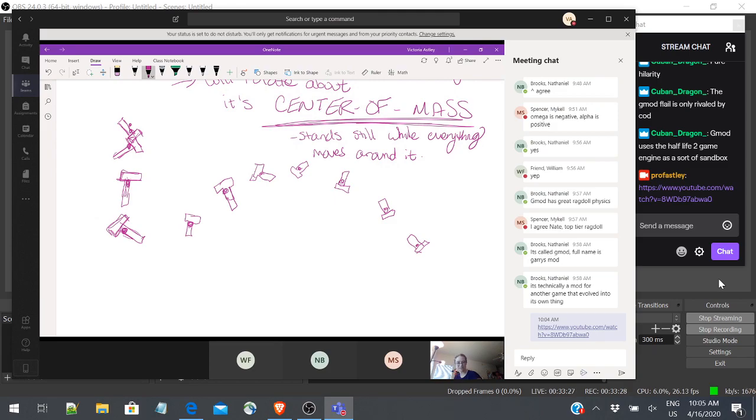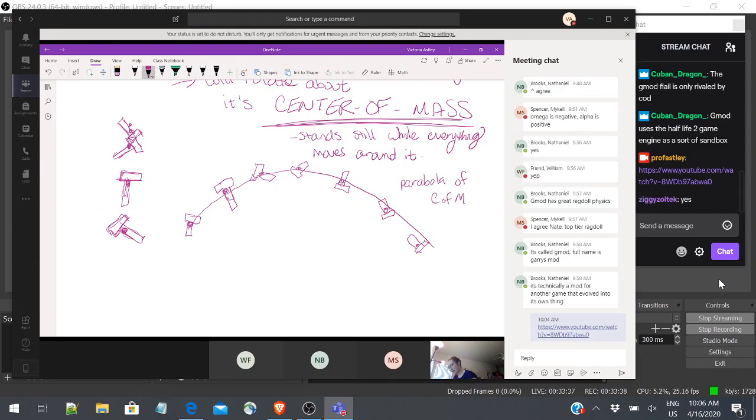Does that make sense? We have a parabolic path of the center of mass, and the object rotates around it. All right, I got one thumbs up from Shannon. Anybody else? Yes, no, makes sense, not make sense.